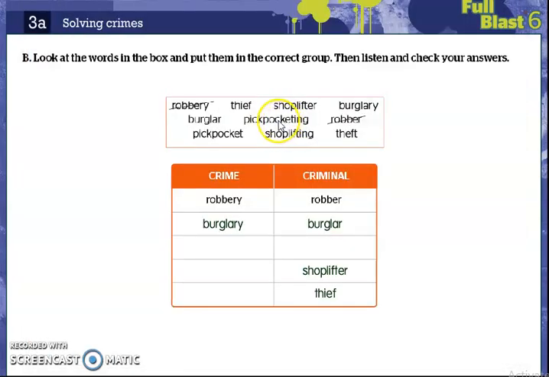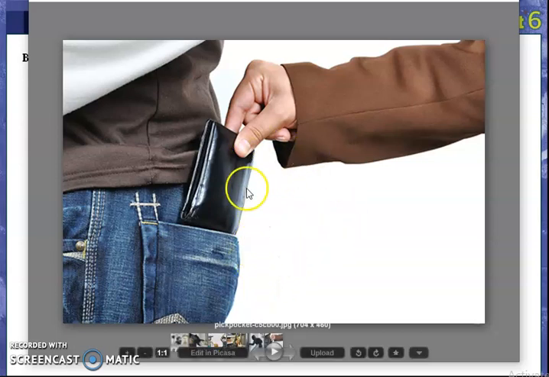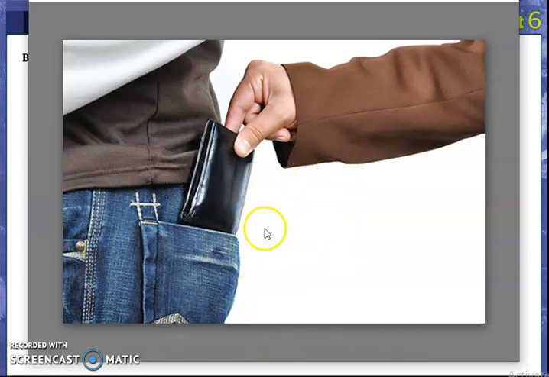Then pickpocketing is the act of stealing money, wallets, or etc. from people's pockets.